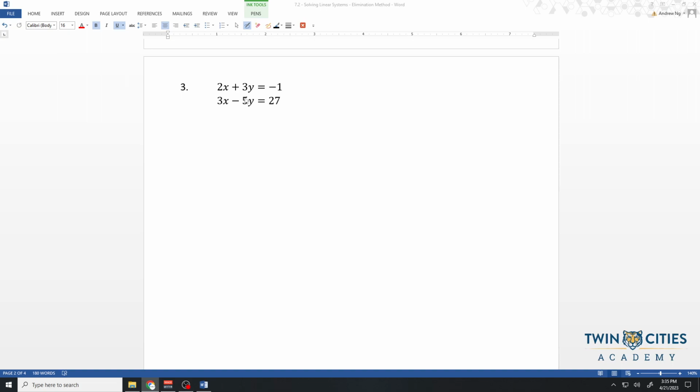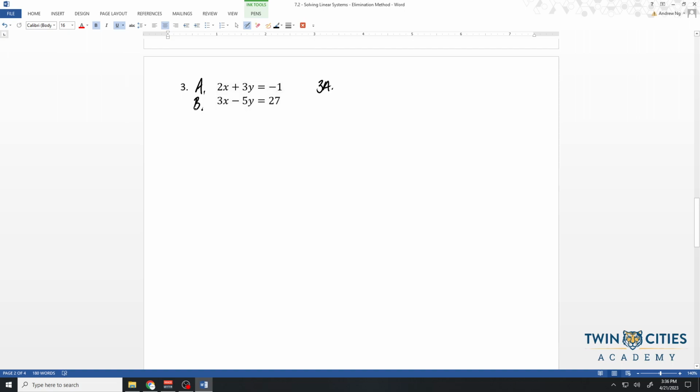So what I'm going to have to do instead is multiply each equation by the other's coefficient, depending on which coefficient I want to eliminate. So if I want to get rid of the x's, for example, let's label these first. This is A and B. I'm going to multiply A by 3, since the coefficient on B for x is 3. So I need 3A here.